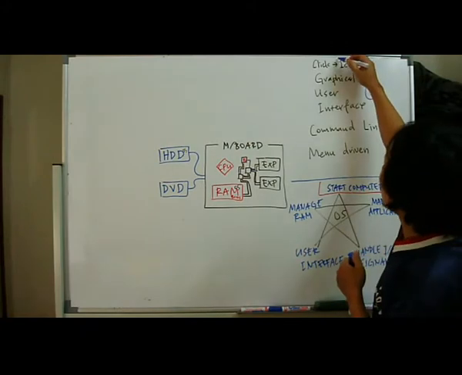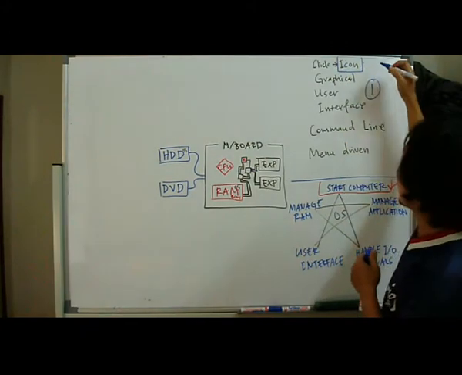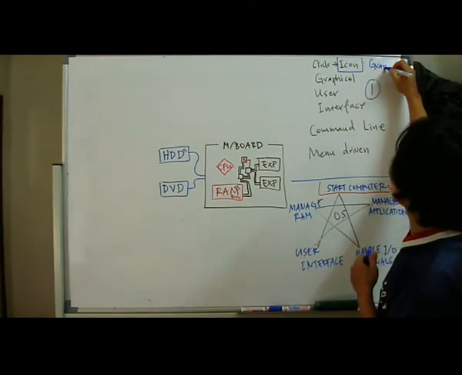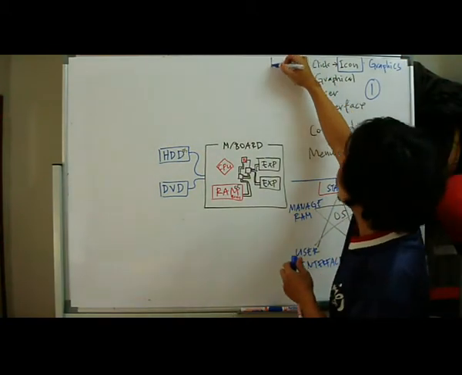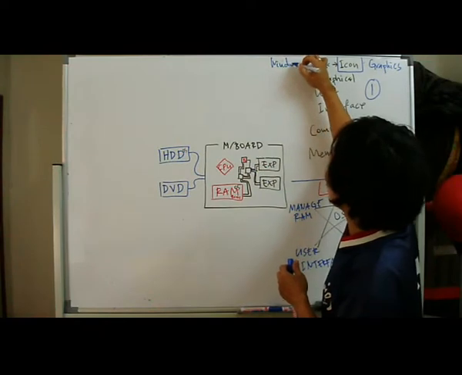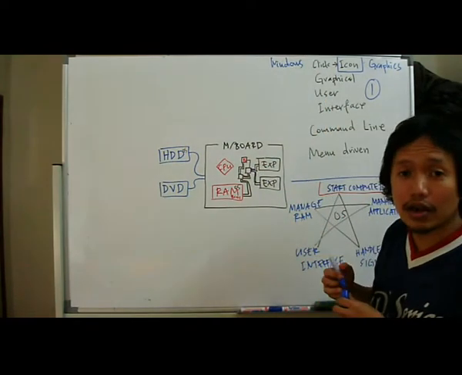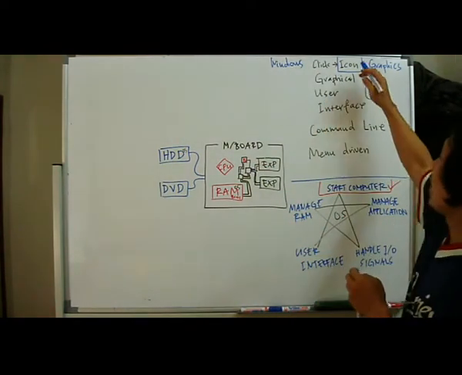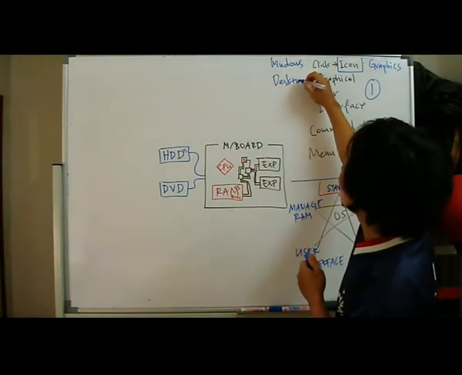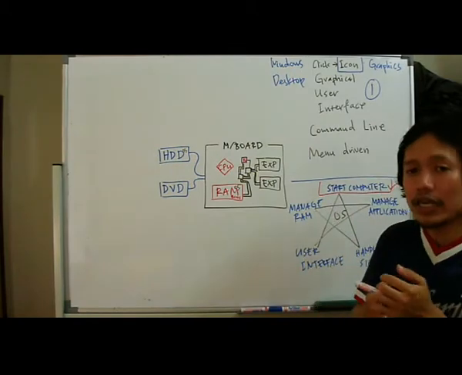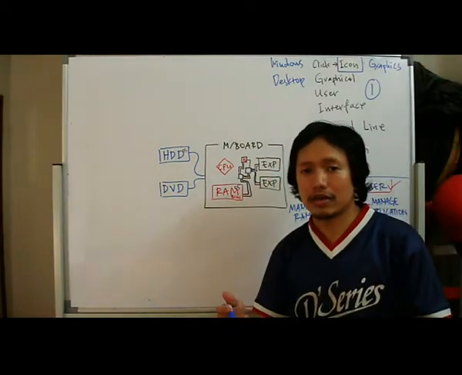It has icons that you can click on, right? So you can write here: graphics, icons that you can click on. It has windows that you can click and drag, right? The icons appear on a desktop, so it's fairly easy to manage and manipulate, right?